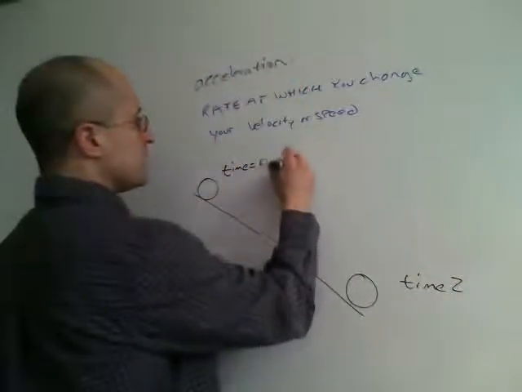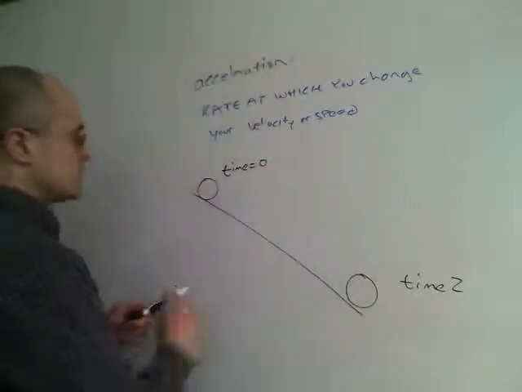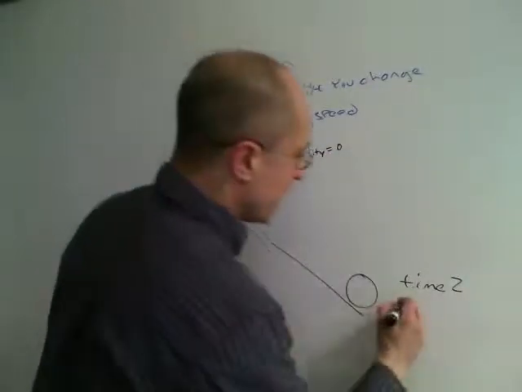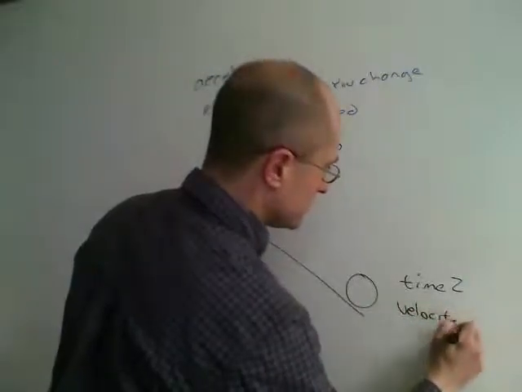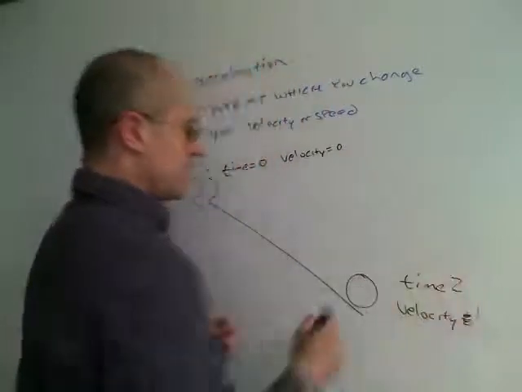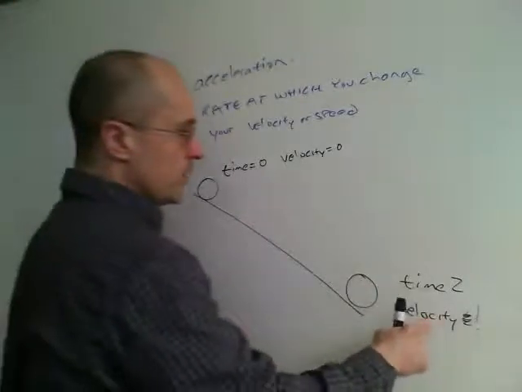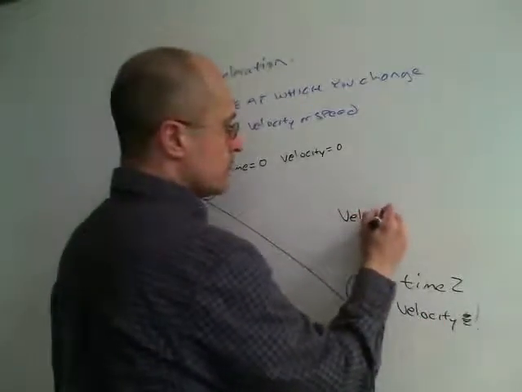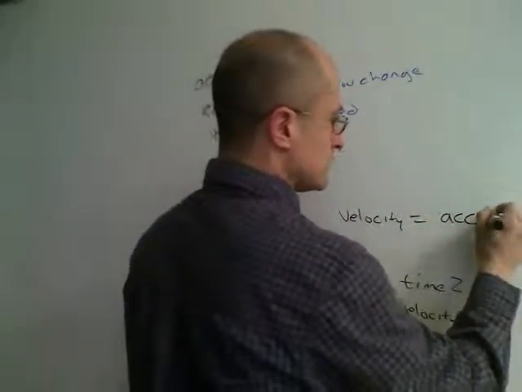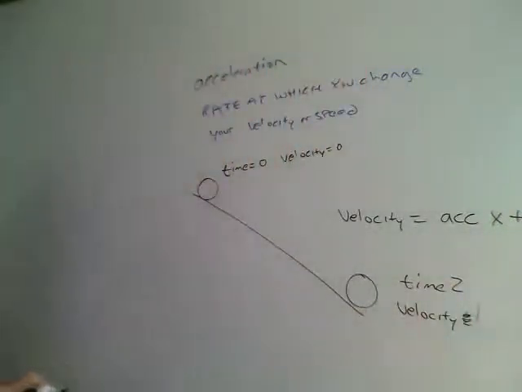The speed or velocity at the top, let's say, is 0. Your velocity down here is some value. What you can think about is your new velocity here at the bottom is equal to the acceleration you experience times the time you applied that acceleration for.